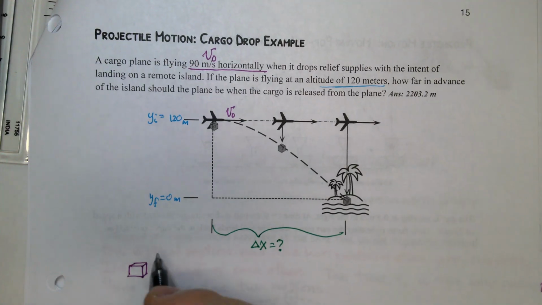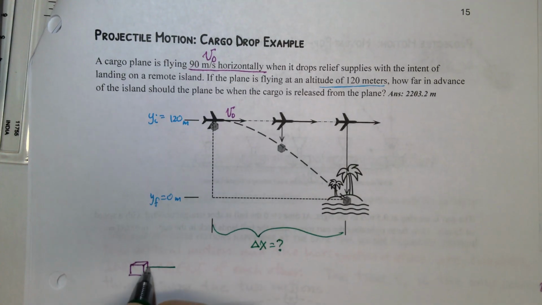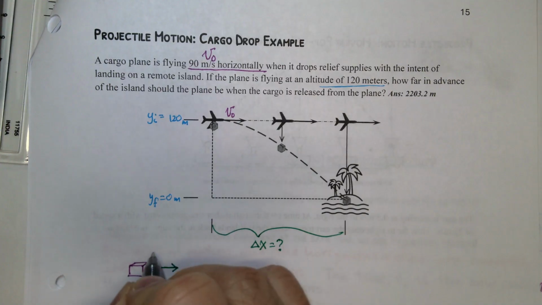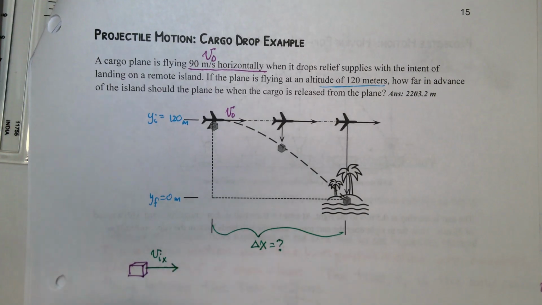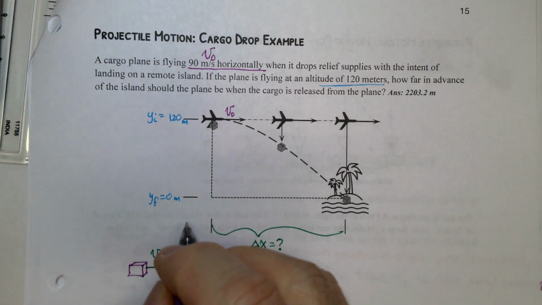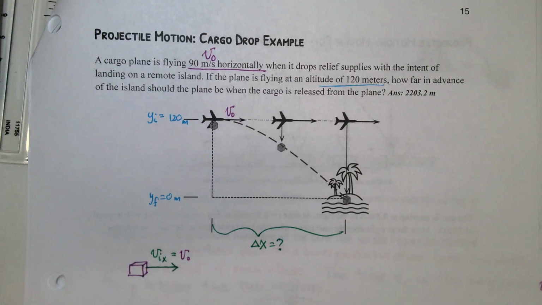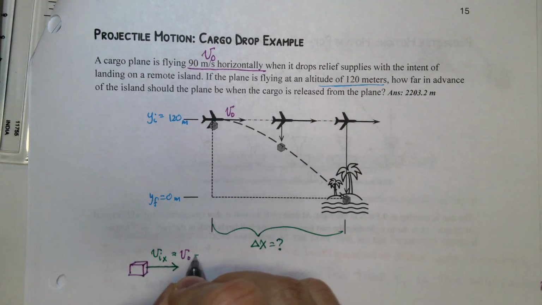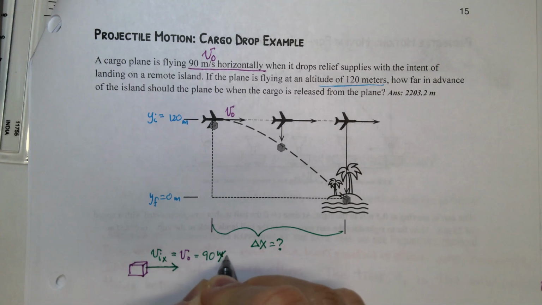This package actually will have horizontal velocity Vix, and this Vix is the exact same velocity as the V0 of the plane, which happens to be 90 meters per second.